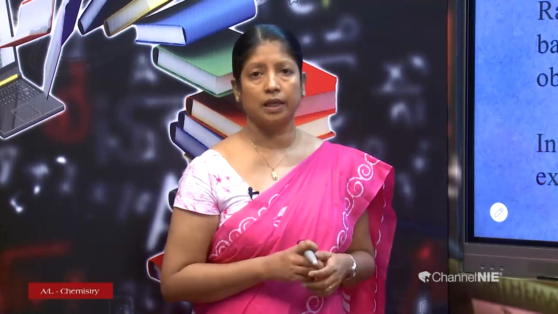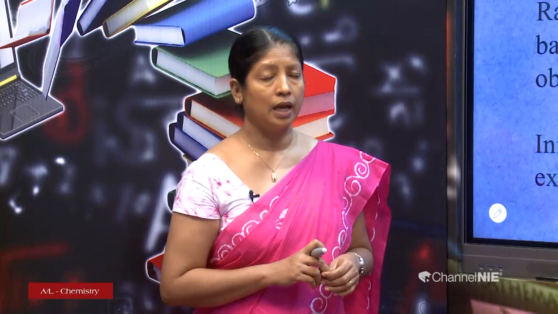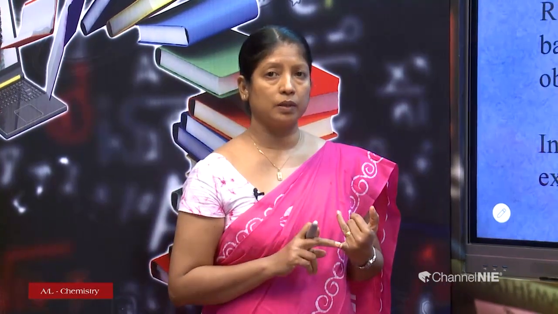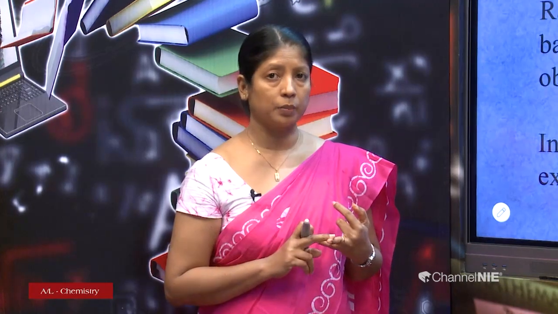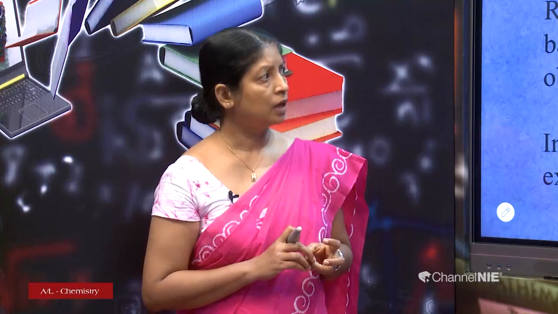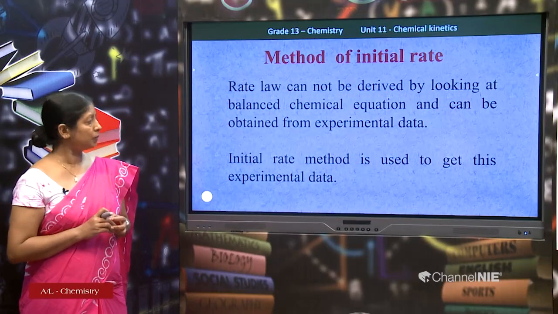Only if we know the rate constant and the order with respect to each reactant can we give the rate law expression. Just by looking at this balanced chemical equation, we can't predict this.